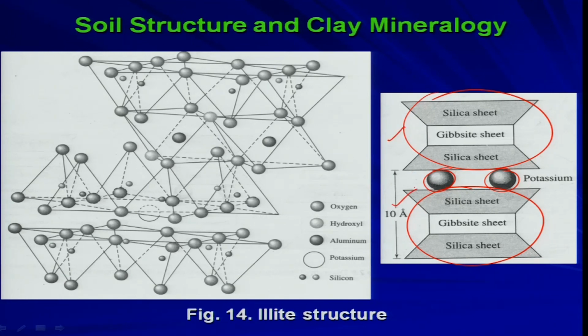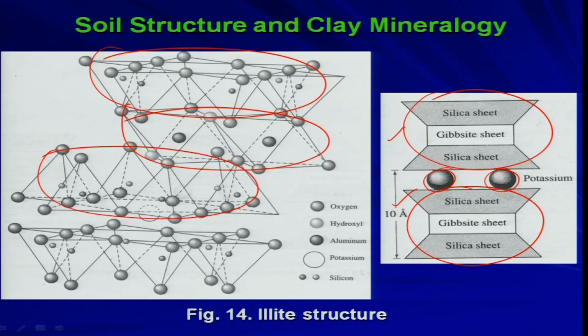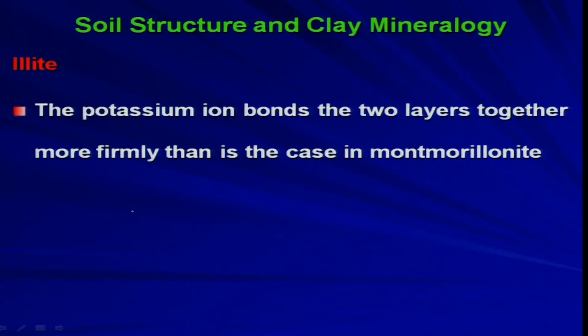So, this is one silica sheet, this is the gibbsite sheet, and this is another silica sheet, getting sandwiched between these two silica sheets, and you have potassium in between. The potassium ion bonds the two layers together more firmly than is the case in montmorillonite.